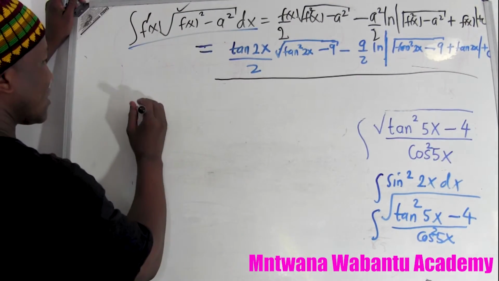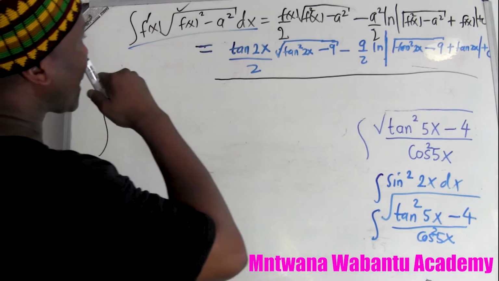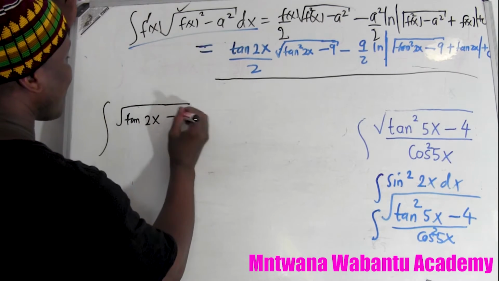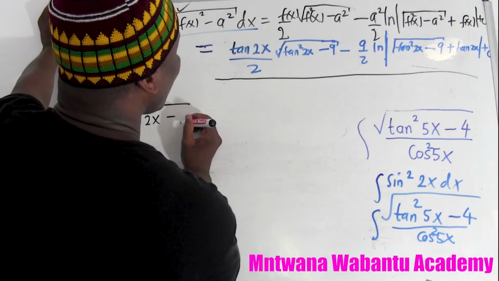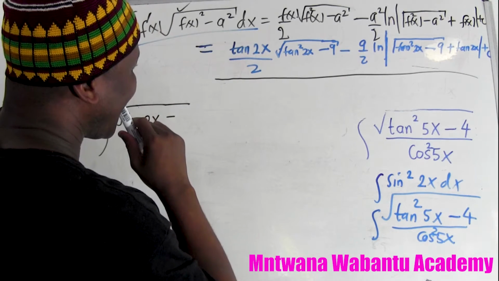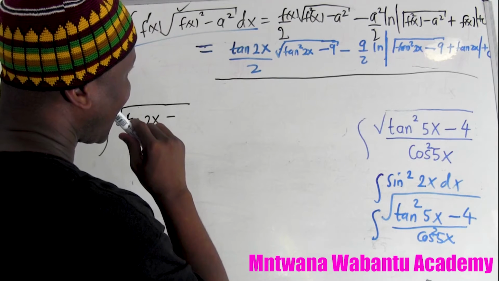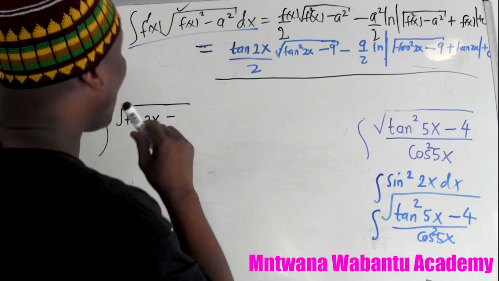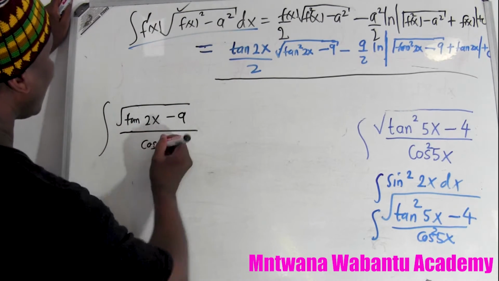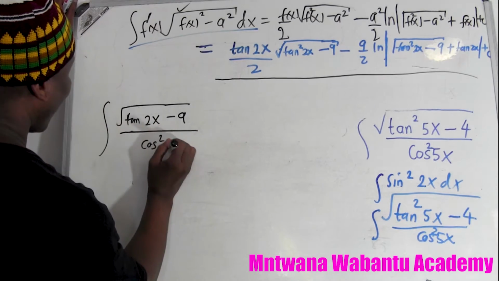Our question was integral square root of tan 2x, and then it was minus which number? Oh, minus 9, and then we over cos square 2x. Yeah, I think so.